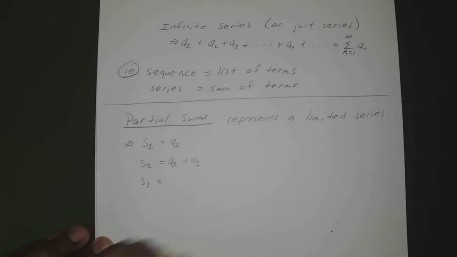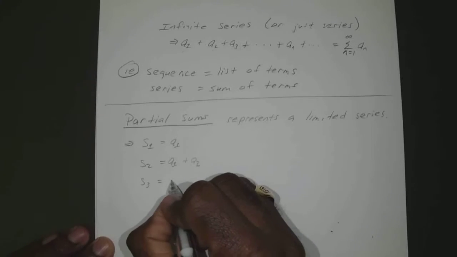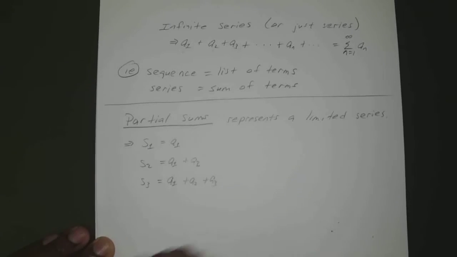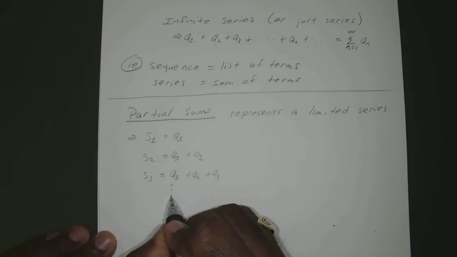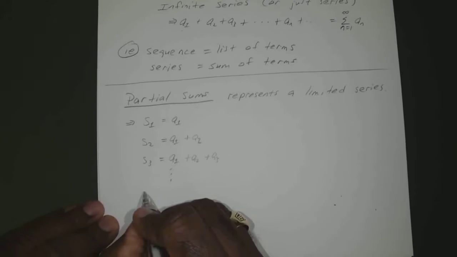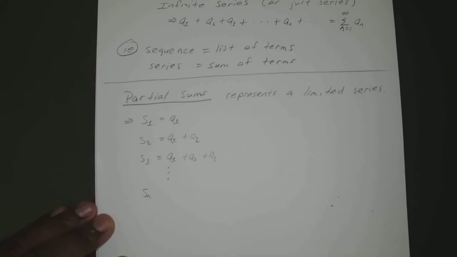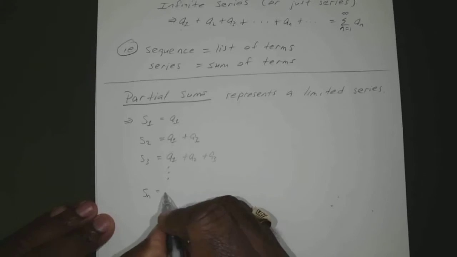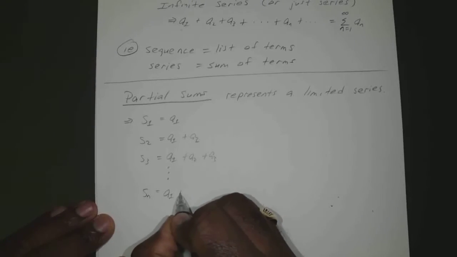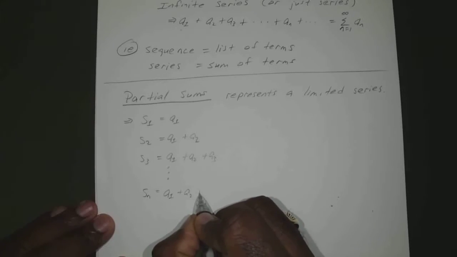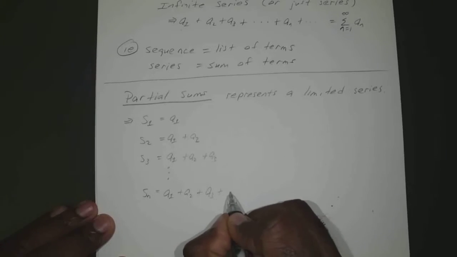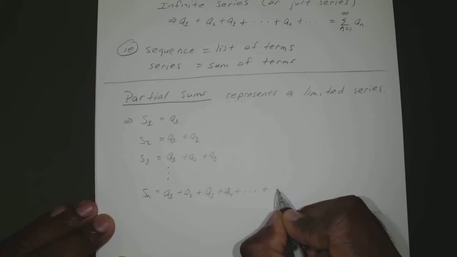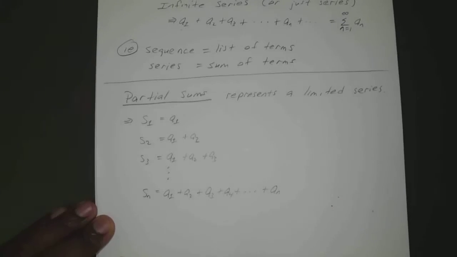For the third partial sum, the first term plus the second term plus the third term. And it just keeps on going like that until you get to your nth partial sum, which, if you look at the pattern, is just the first term plus the second term plus the third term plus the fourth term, and it keeps on adding until you get to the nth term.